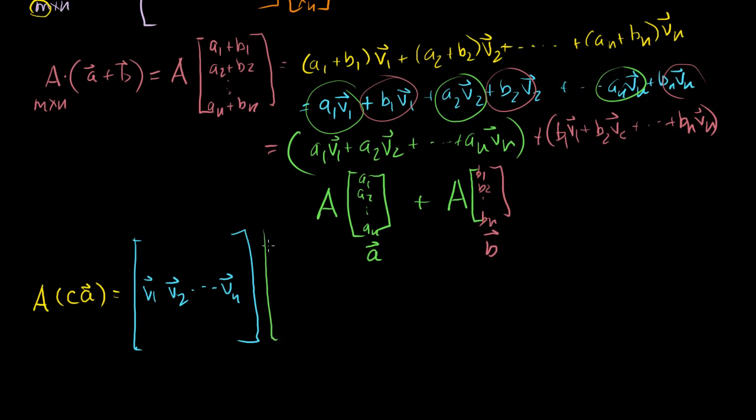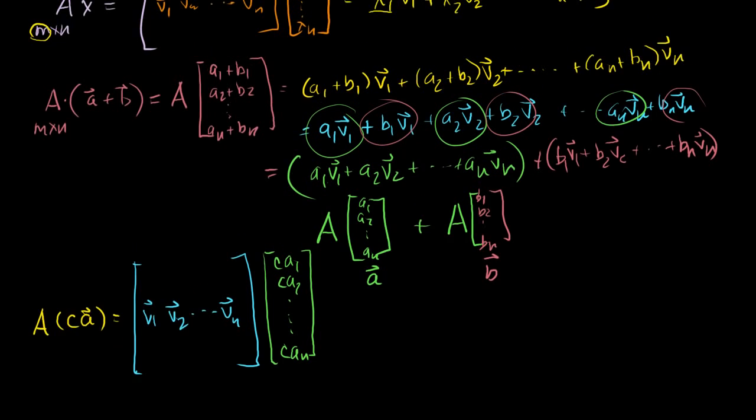cA, you just multiply that scalar times each of the terms of A. So it's ca1, ca2, all the way down to can. And what does this equal? We've seen this multiple times before.